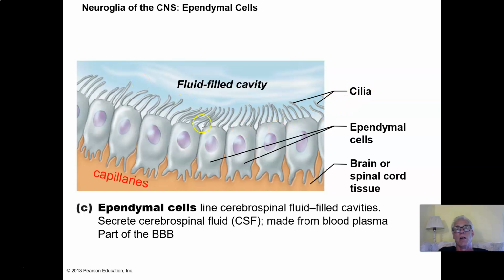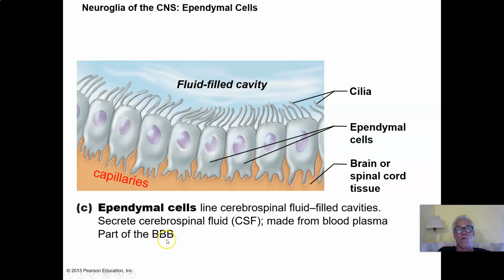Where does it come from? Ependymal cells. They're a type of epithelial cells that are ciliated, and they will secrete this CSF fluid, which they produce from blood plasma, the water of blood plasma, and then they can make it flow. There's actually a current of CSF, and we'll take a look at that a bit later in chapter 12.